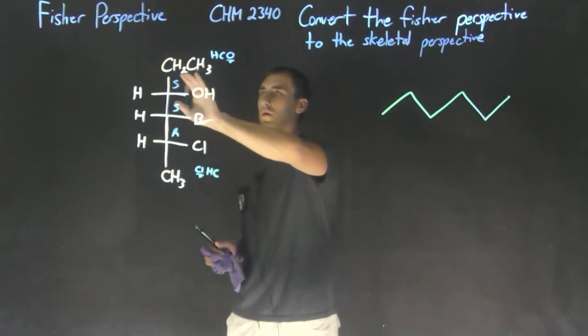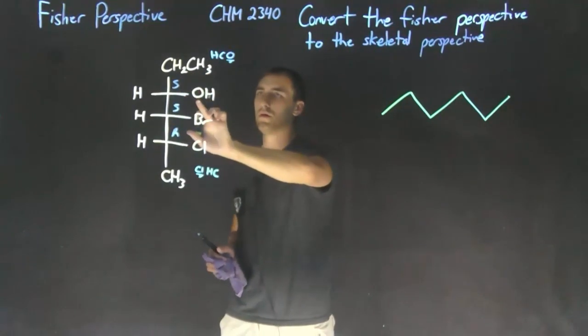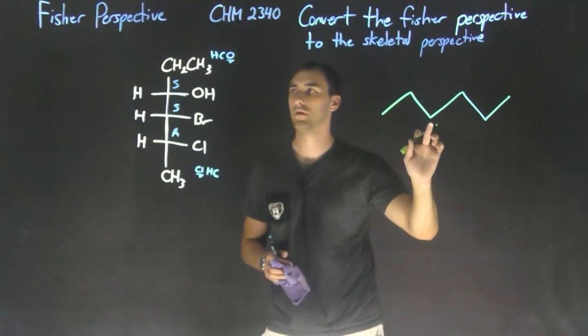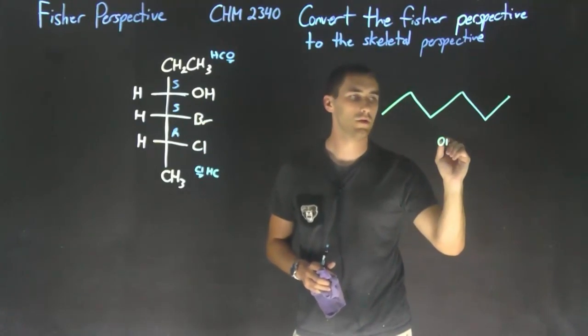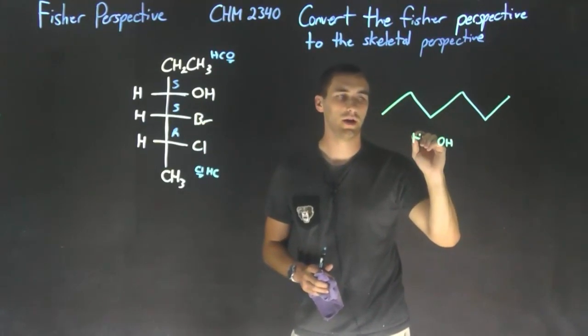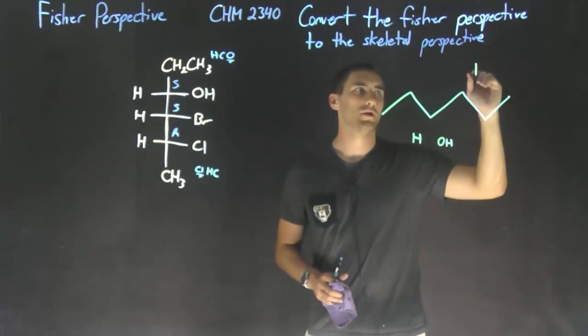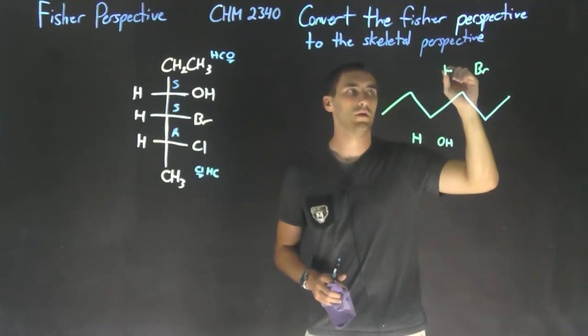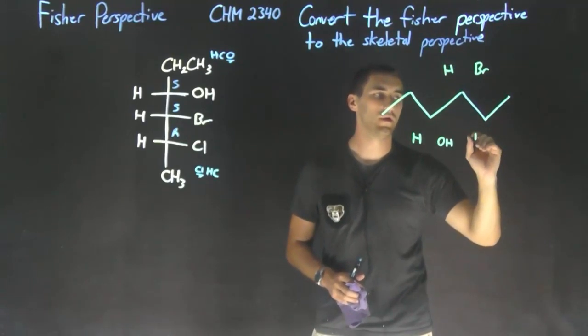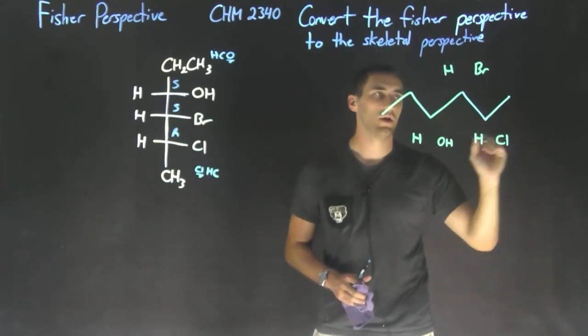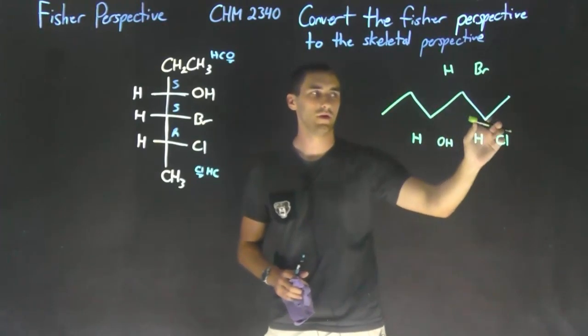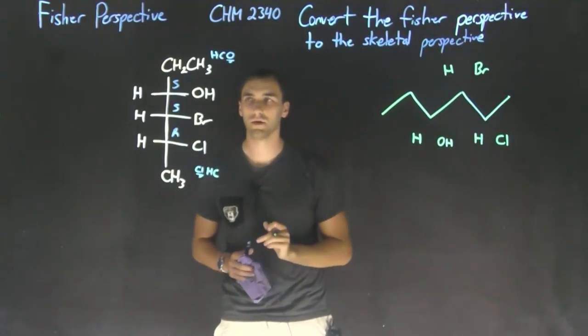Now on carbon 3, we have an OH group and a hydrogen. The next carbon down, we have a bromine and a hydrogen. And then we have a hydrogen and then a chlorine. I don't know the configurations for these yet. I'm leaving them blank.